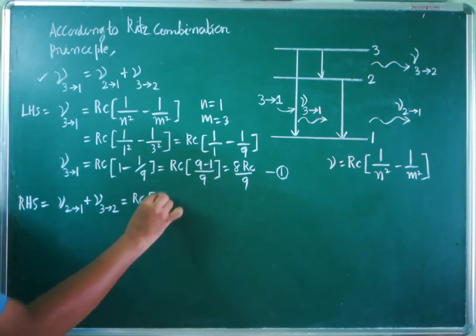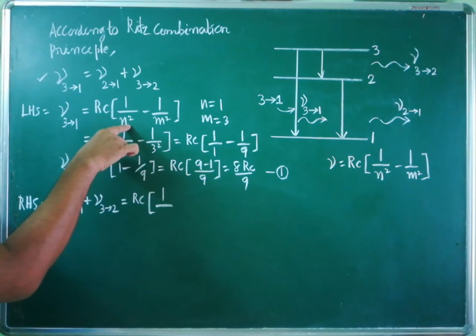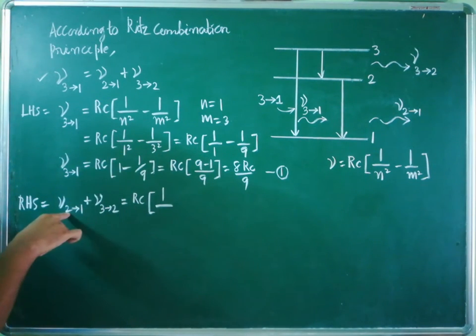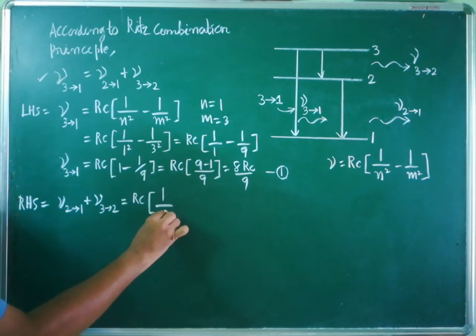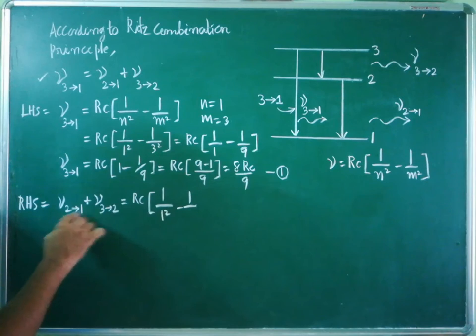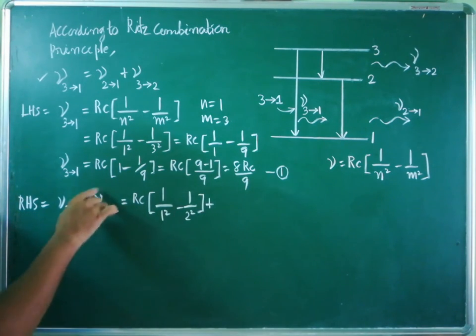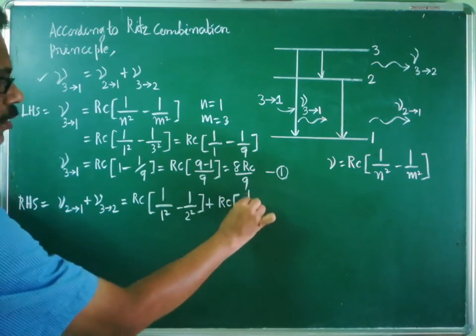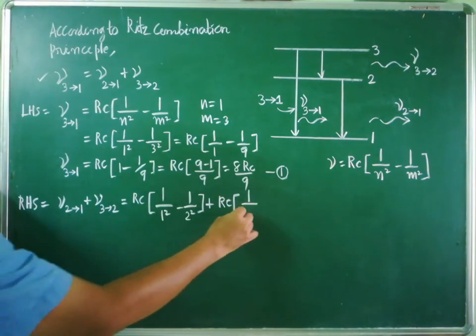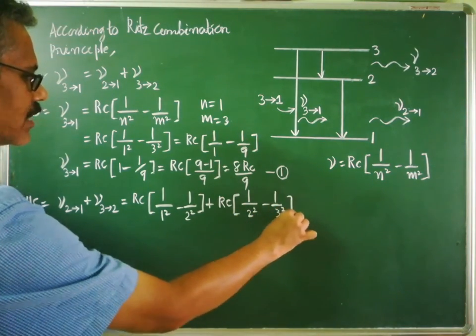RC times 1 by 1 square minus 2 square, since the electron comes down to the first orbit from the second state. Plus, I am going to write the equation for the other one: RC times 1 by 2 square minus 3 square.